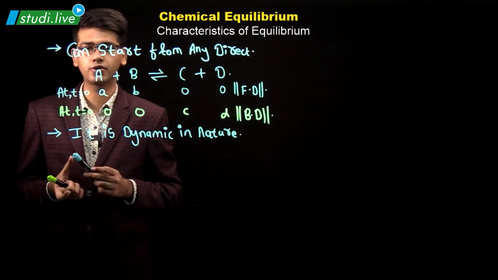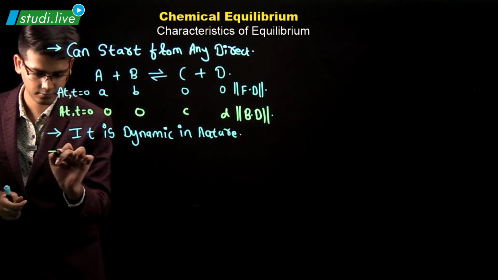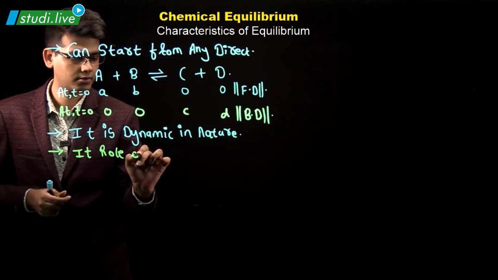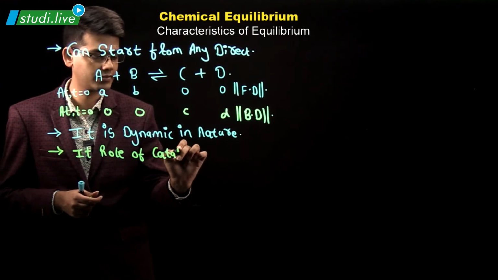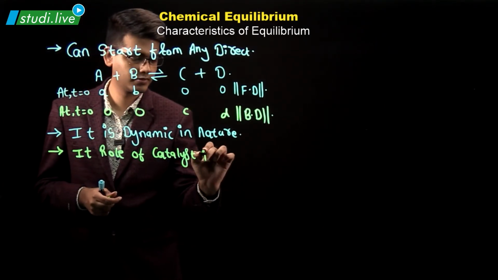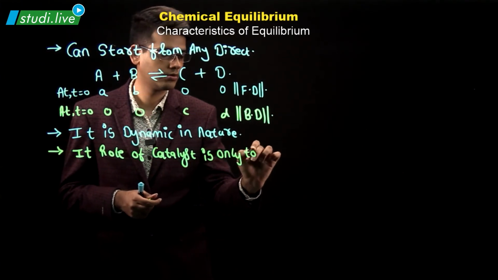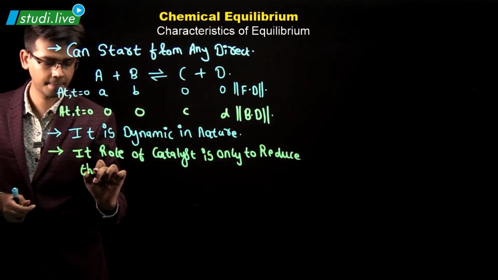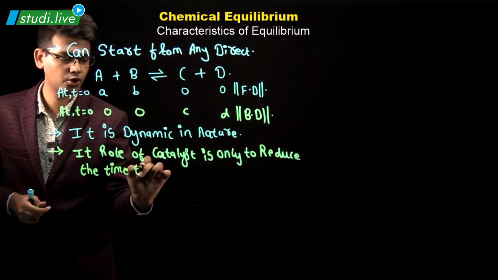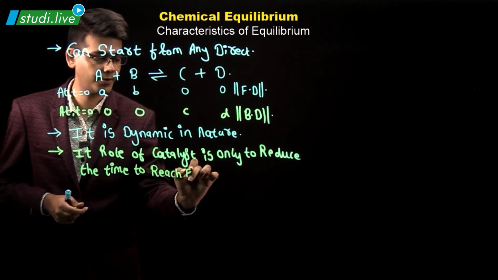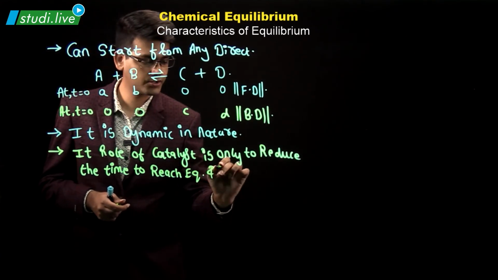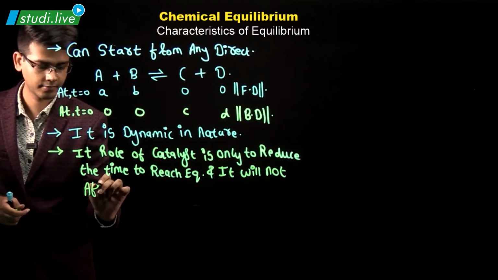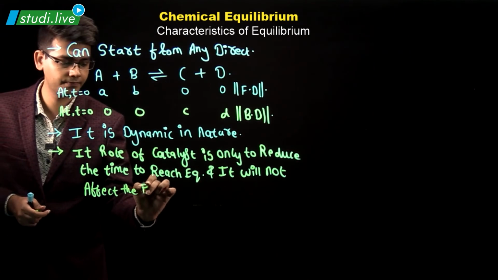The next important point with respect to characteristics of equilibrium is that the role of catalyst is only to reduce the time to reach equilibrium, and it will not affect the equilibrium point.